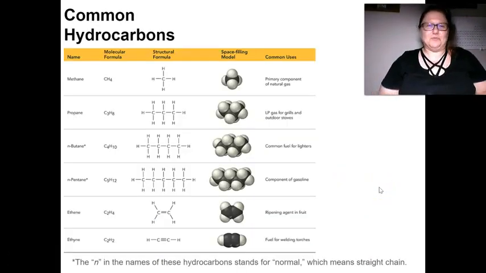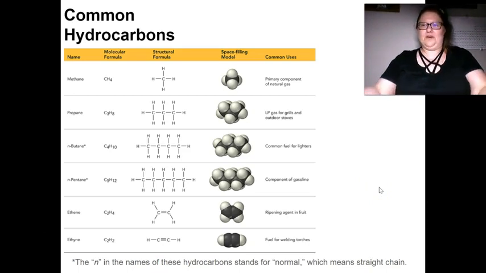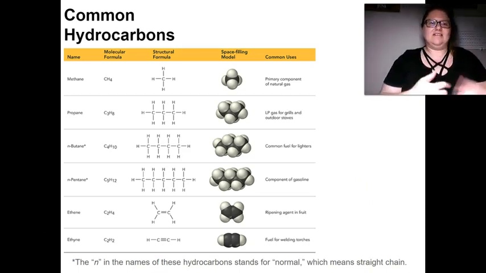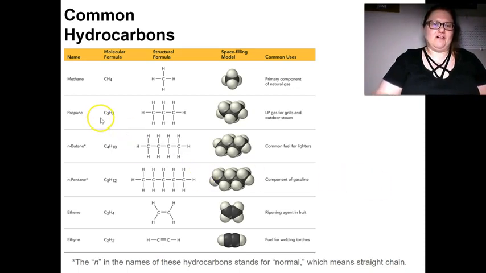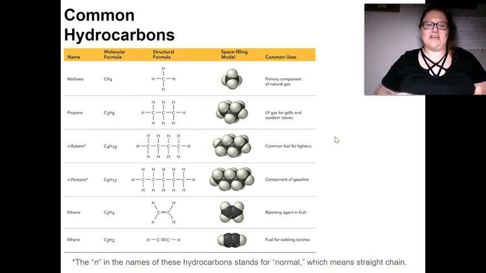Here's a chart that's in the book that goes through a few others. So methane, again in the molecular formula, or you can look at the structural, there's 1 carbon. 1 carbon is named meth. Eth is 2. Prop is 3. There are 3 carbons. Again, we don't name the hydrogens because they just fill in the gaps where the carbons aren't connected.